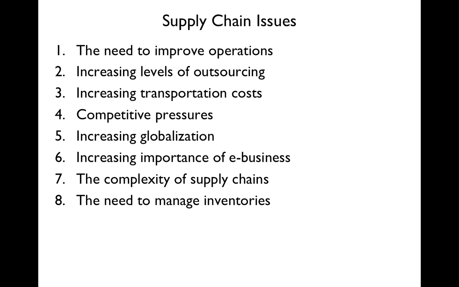You have competitive pressures, increasing globalization, the importance of e-business. So if you have a store and you're selling a product, you are directly competing against Amazon. If Amazon can give that customer that product in 2 days for a cheaper price, you're competing. And unless that customer needs it today, you're competing with e-business.